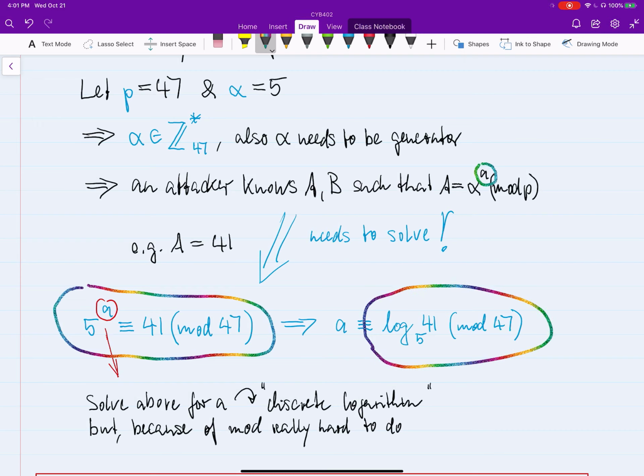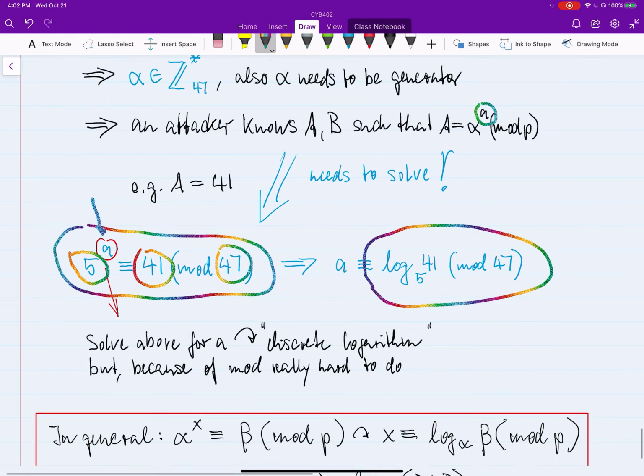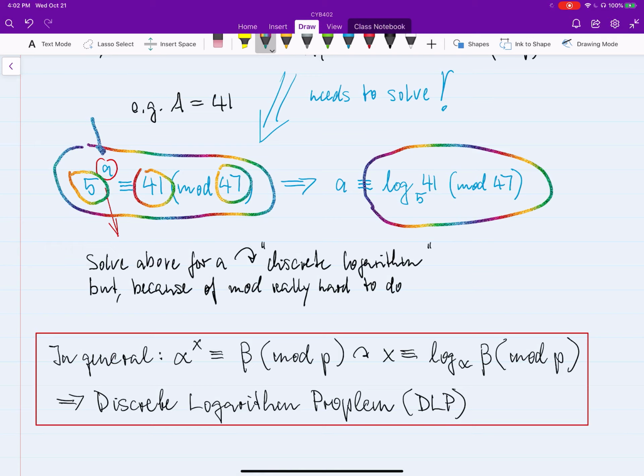Okay, so all of the other numbers are known. So the 41 is known, this one here, the 47 is known, the P, the generator is known, the unknown is actually the a, and the problem here is really to figure out what the a is. It's incredibly easy to put 5 to the power of a.